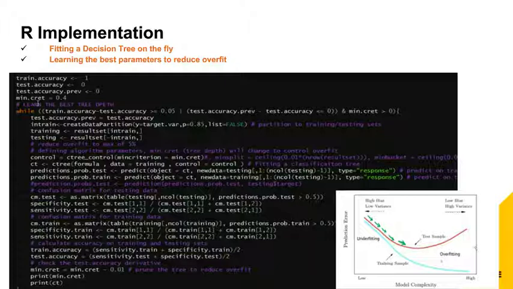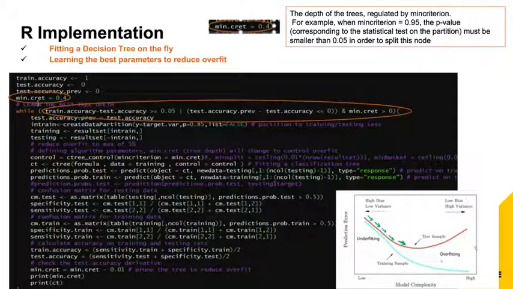Let's move on to the heart of the system, which is basically a gradient descent process that is trying to optimize the tree depth by controlling the mincriterion parameter, which is actually a parameter which equals 1 minus the p-value of the statistical test to determine whether this partition is due to be performed or not, according to the criteria, the information gain, or Gini index, or other criteria.